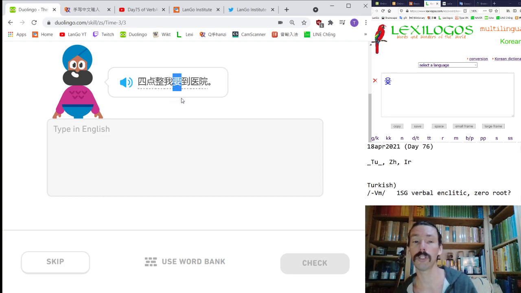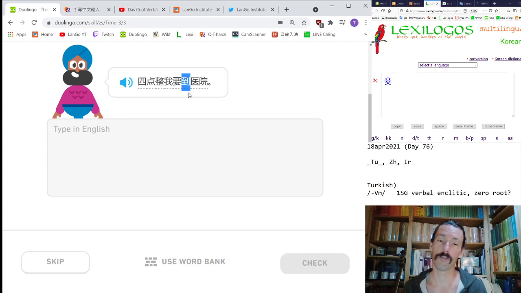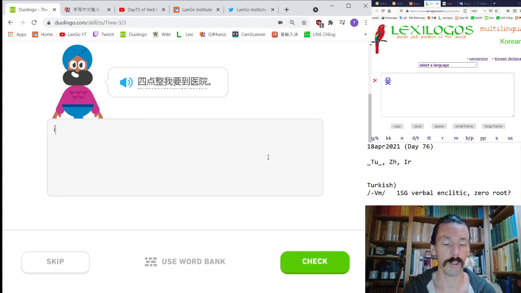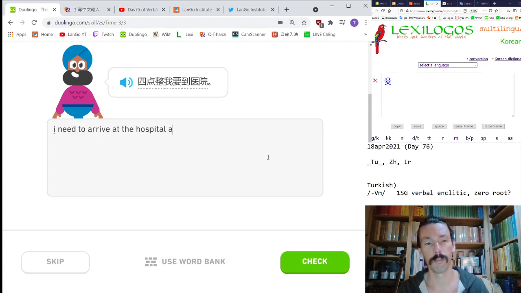This 要 takes a verbal phrase as its complement. 到 is a transitive verb of arriving at a place, so locative too. 4点. At 4 o'clock, I need to arrive at the hospital. Put that first. At the hospital. Get to the hospital. At 4 o'clock sharp. Okay, once the o'clock.